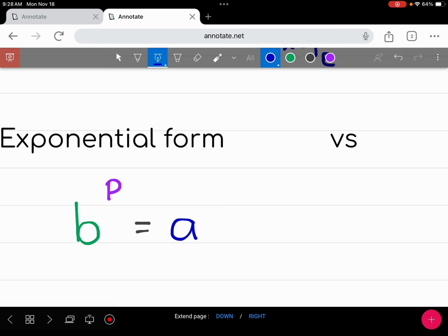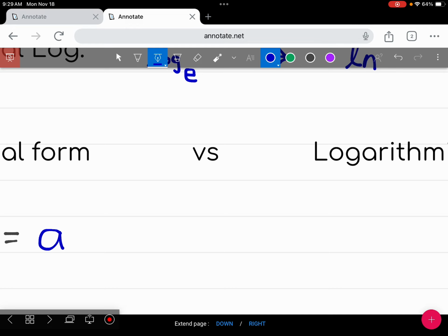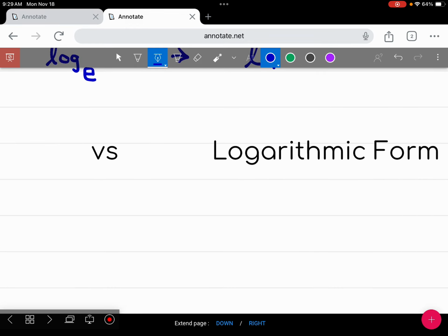You may have done these with other letters. Now, some teachers do BPA, log BAP. Others will do it as BEA and BAE. So however you choose to do it, I don't care what letters we use. But in our exponential form, we have our base, our power, and the argument.